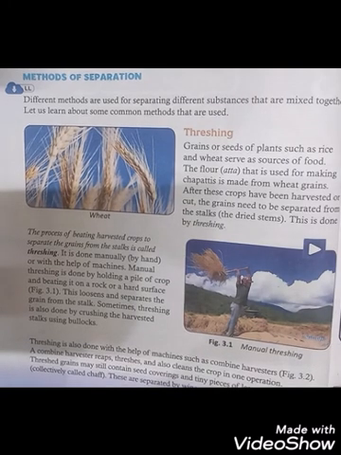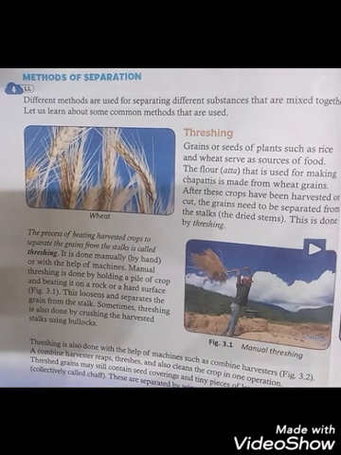Manually, I think all of you have seen how threshing is done. A person will hold a pile of crop in his hand, and then he will beat it on a rock or on a hard surface. When he continuously beats, what will happen? It will loosen and the grain will separate from the stalk.